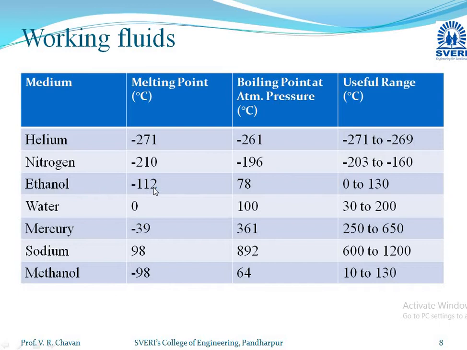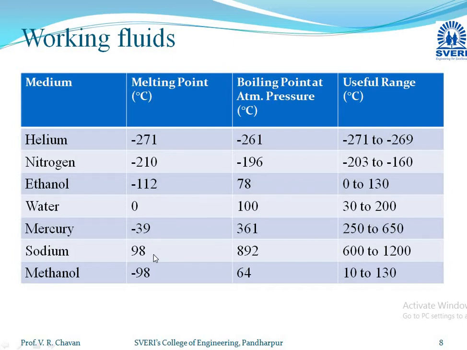Then ethanol: melting point is minus 112, boiling point is 78, and useful range is 0 to 130. Water: melting point 0, boiling point 100, and useful range is between 30 to 200. Then mercury: melting point is minus 39, boiling point is 361, useful range between 250 to 650.